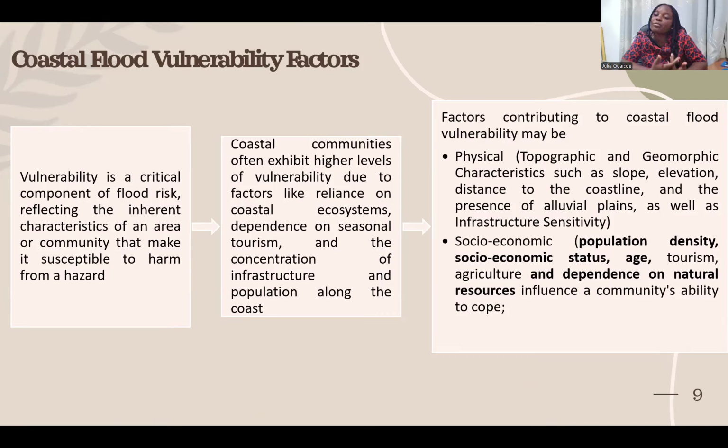So in a particular community where we have high population density, automatically they will be more vulnerable than a community where the population density is low. Low population density means that very few people can be found in a particular area, and with a high population density, a lot of people can be found in a small area. And so socioeconomic characteristics can also contribute to different levels of vulnerability.